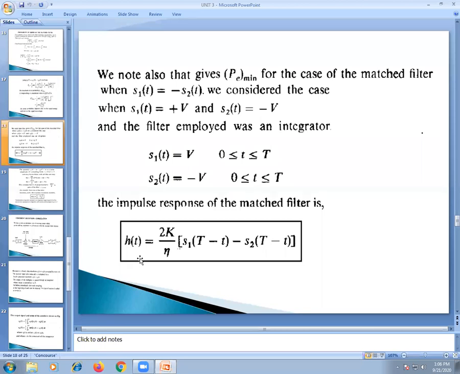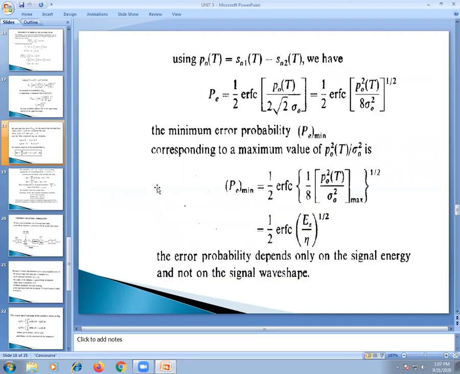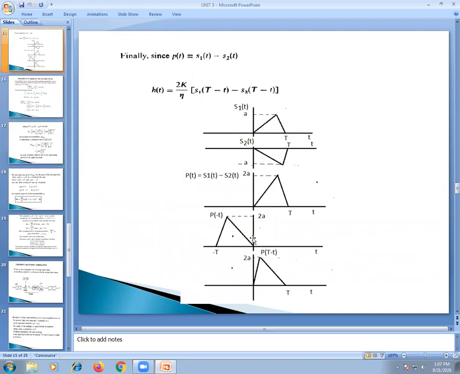So this is the impulse response of the matched filter h of t. It is 2k by eta s1 of t minus s2 of t, where in the place of t the shifted function takes place. In the previous class there was some graphical evaluation; this is the graphical evaluation.